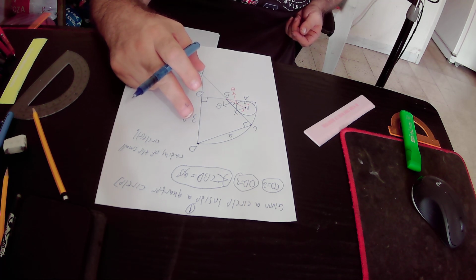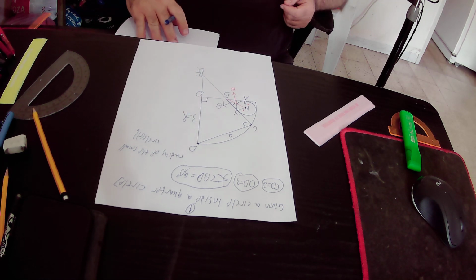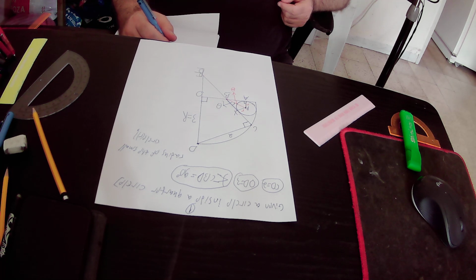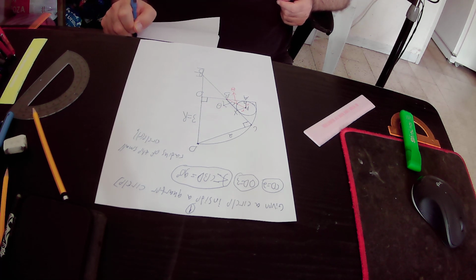Therefore ED must be the diameter of the quarter circle.